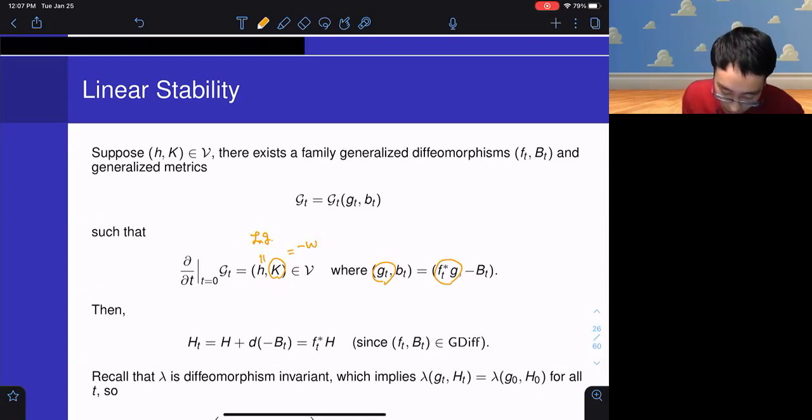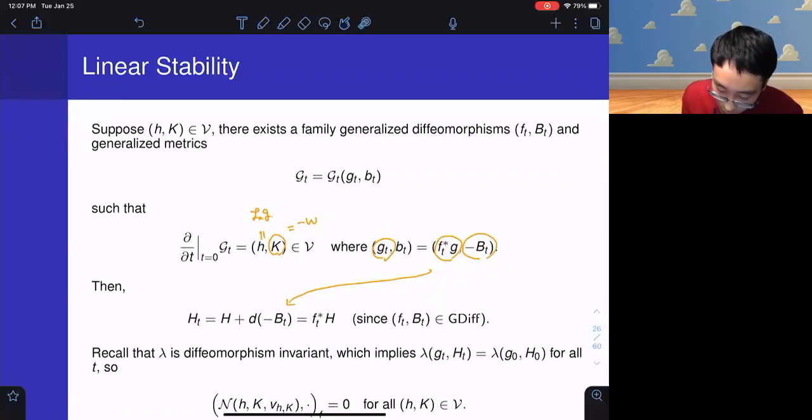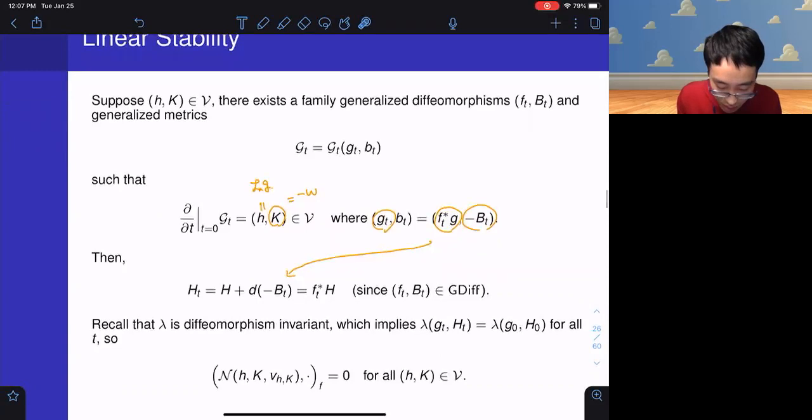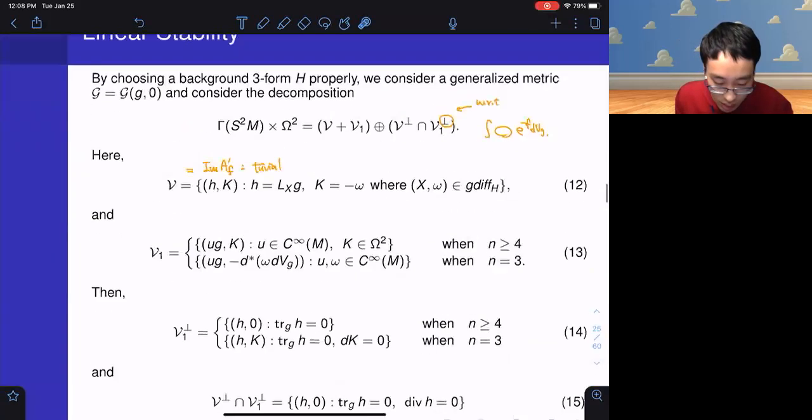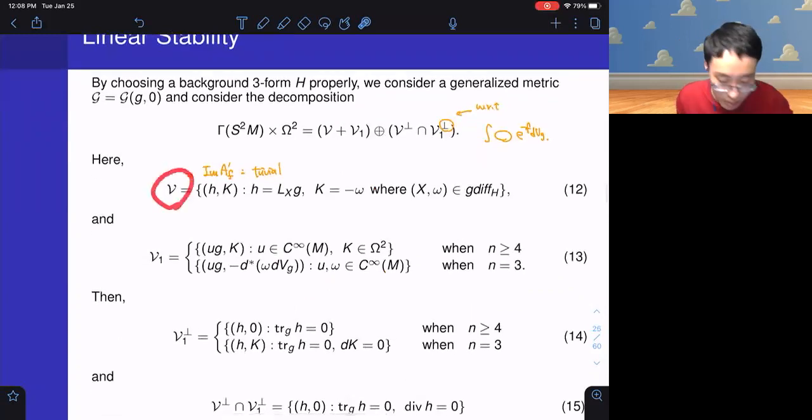Then the corresponding three-form HT is coming from H plus D of minus BT. And because FT-BT lies in the GDF H part, as I computed before, this is nothing but FT star H. And this is the reason why the second variation will vanish in this part, due to diffeomorphism invariance. So this part is trivial.